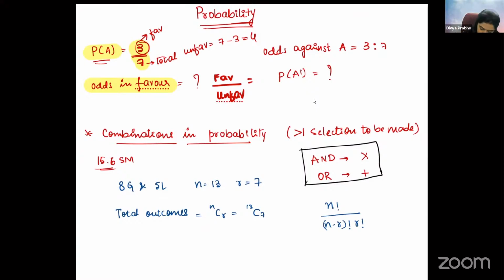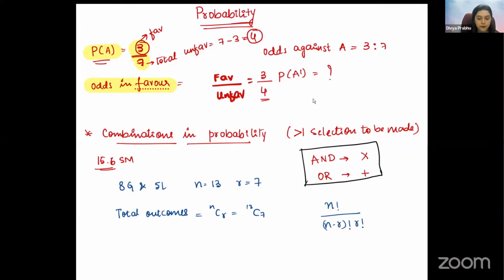Favorable 3 divided by unfavorable 4, so the answer is 3 by 4. How many of you got it right? Sahana, Vivek, just 2 have got the answer right, which is 3 by 4. What about others? Understood? So, this is odds in favor.